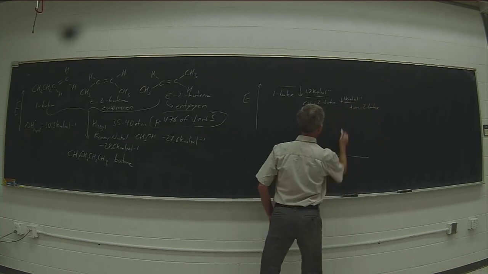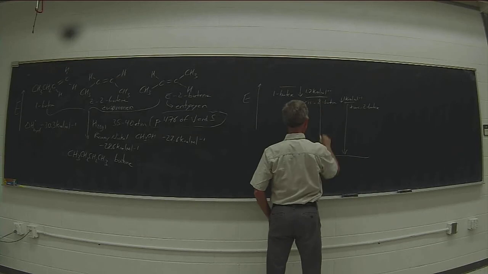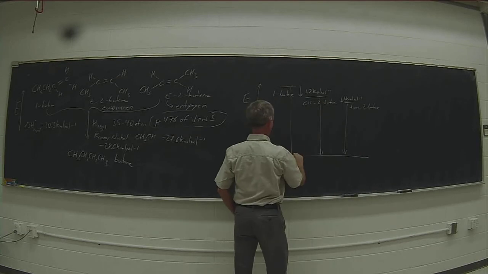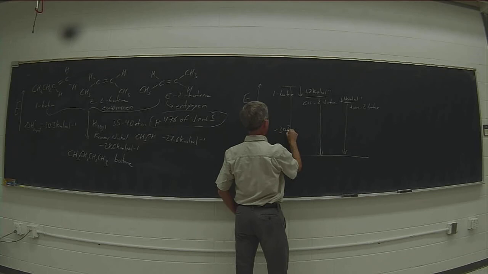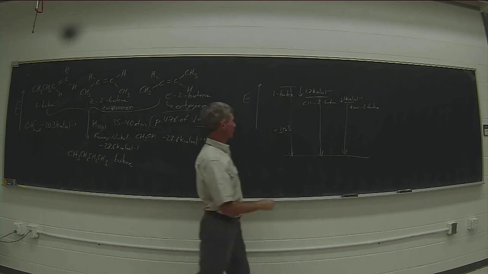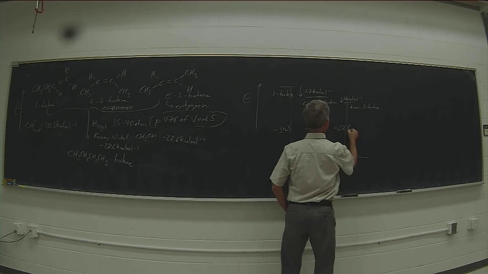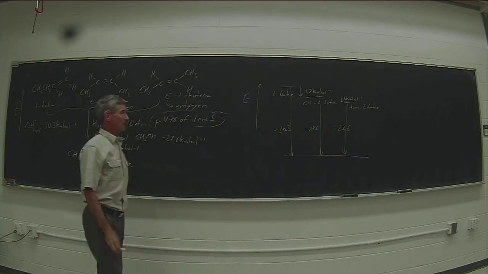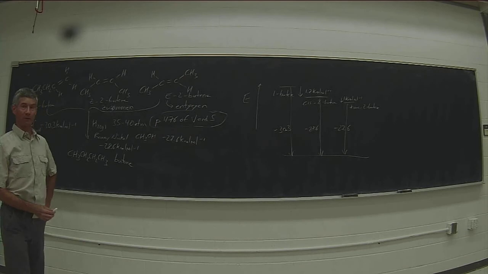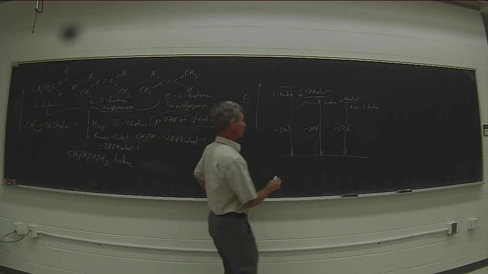So that when they're all reduced to the same substance, more energy is released from hydrogenation of 1-butene than hydrogenation of cis-2-butene, and more energy is released from hydrogenation of cis-2-butene than trans-2-butene.